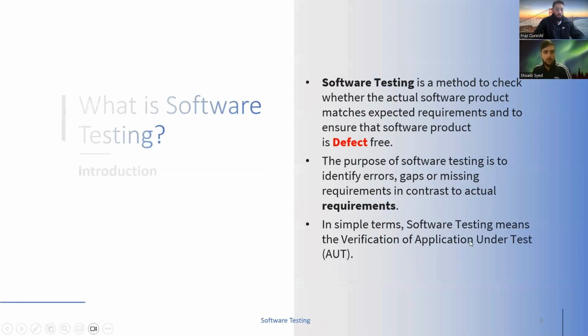All right. So the very first question that we can think of is: what is software testing? If we go by the definition, it's a method to check whether the actual software product matches expected requirements and to ensure that the software product is defect free.